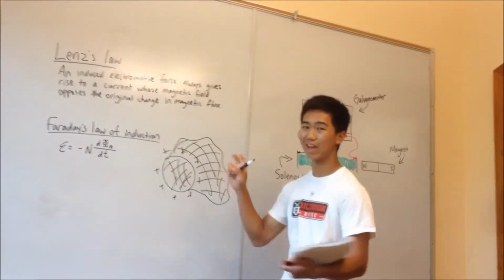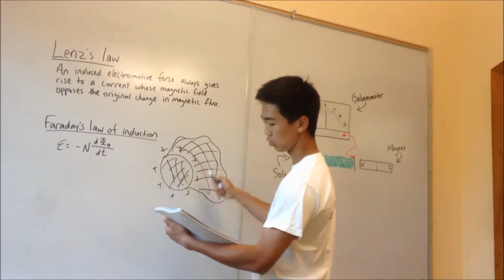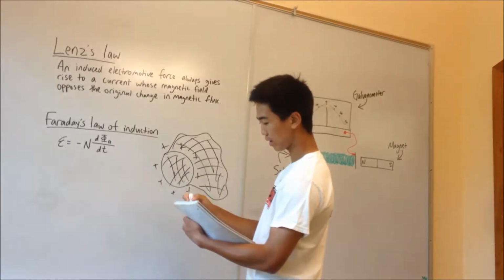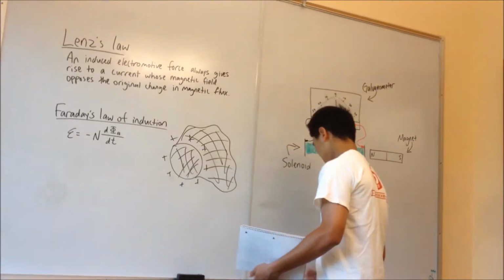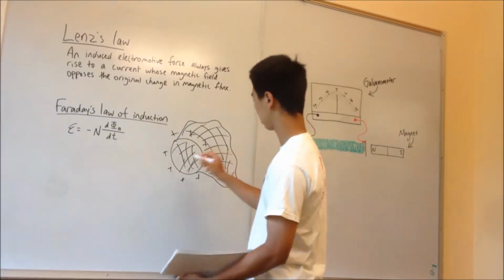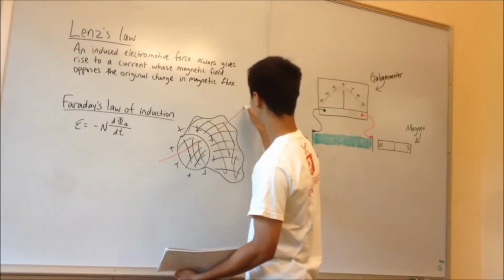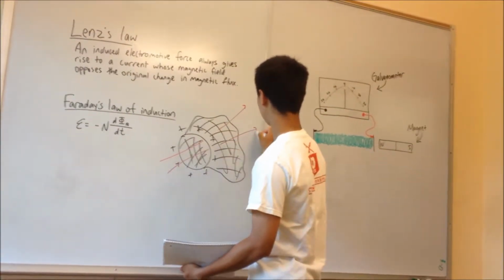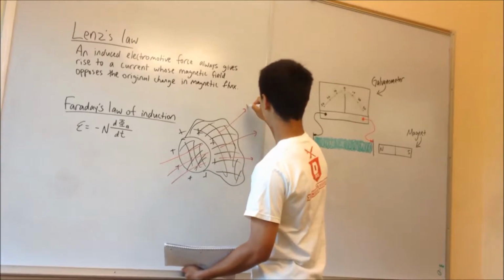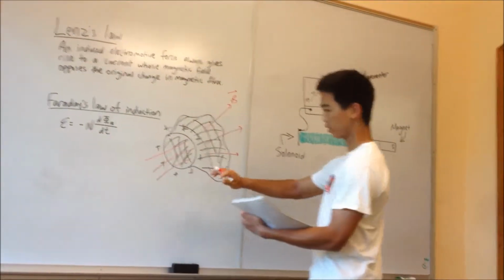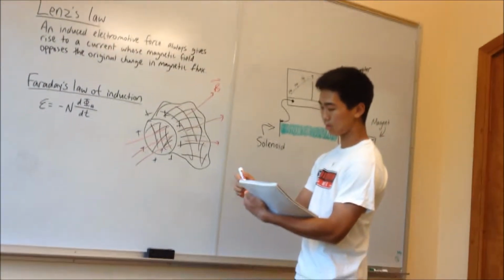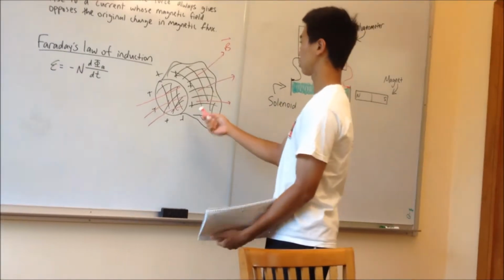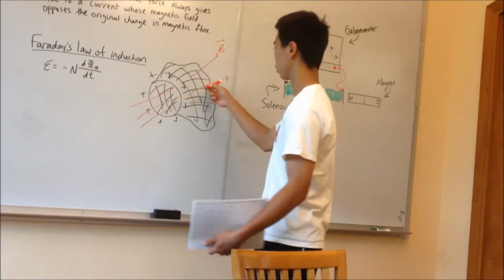We can call it like some sort of net. And this is the charged loop. So if you have a magnetic field running through this loop, then there's flux. The magnetic field is going through a given surface.